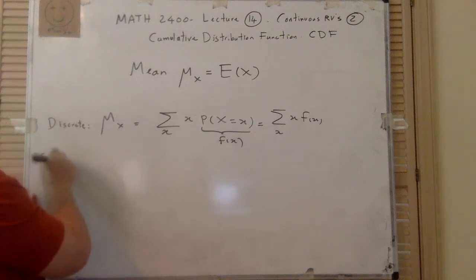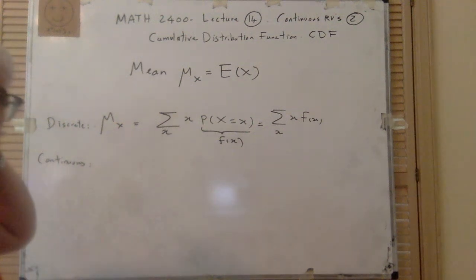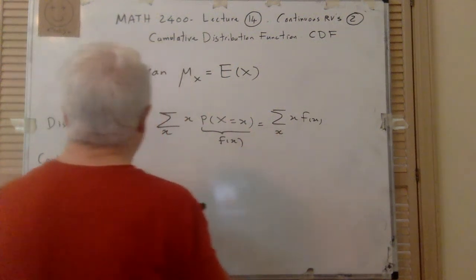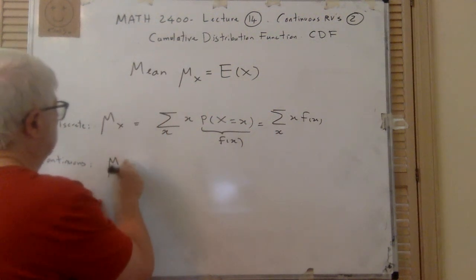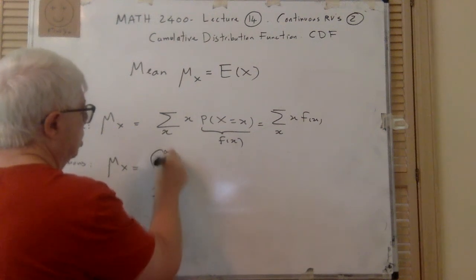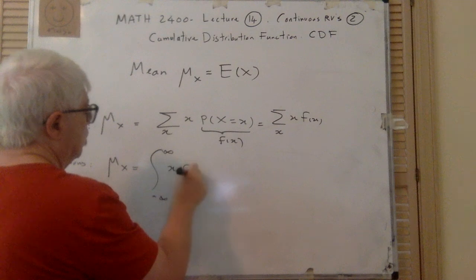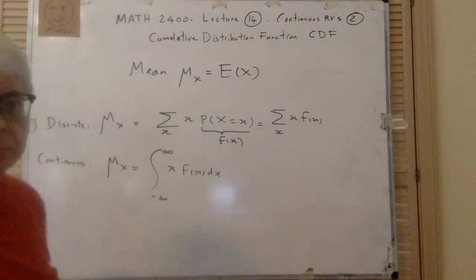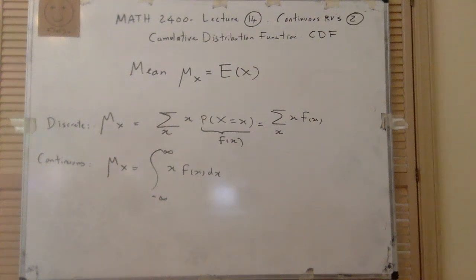In continuous, sigma becomes integral, right? So for continuous, basically we have the integral from minus infinity to infinity of x f(x) dx. Okay? So for continuous random variables, that is the mean.